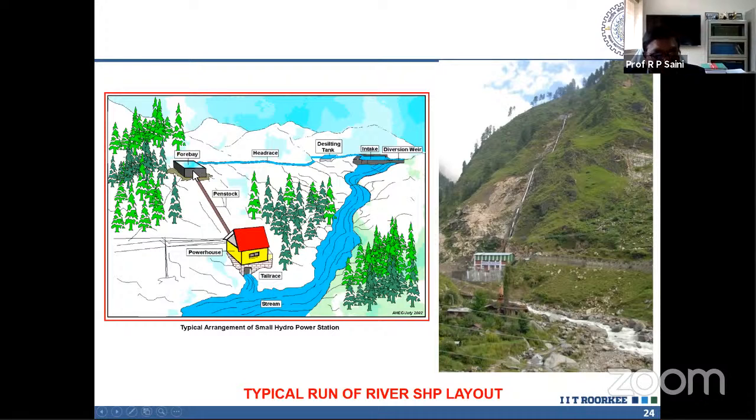That means if I have 1 cubic discharge, I have to provide the volume for that. So 120 cubic meter size of the tank will be there, that means 2 minutes storage. 1 cubic means 1000 liters per second discharge, and if I multiply by 2 minutes, its volume will be 1000 into 120 seconds.